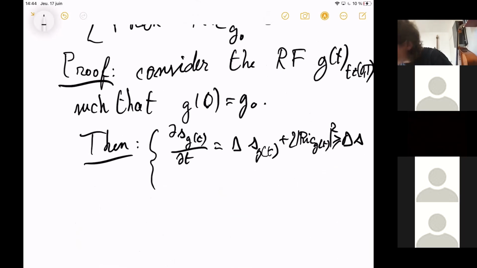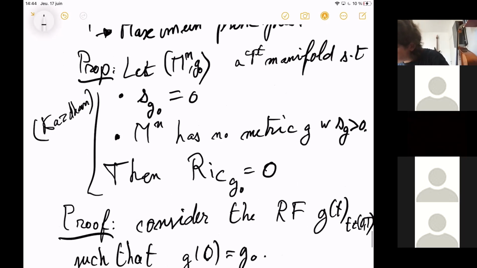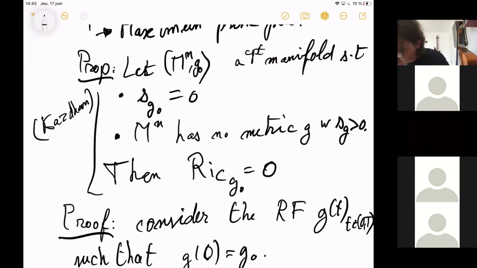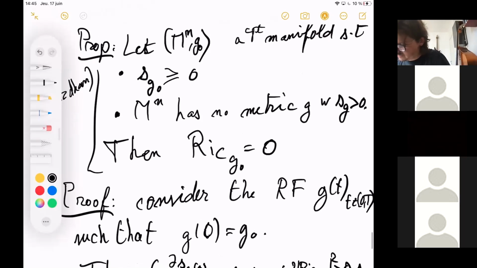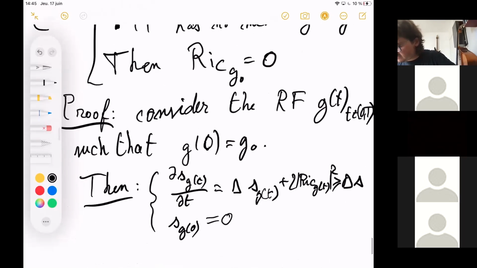In particular, it's bigger than just the Laplacian of S, and S of g_0 is non-negative. The result is more striking like that. So start with a metric with non-negative scalar curvature on a manifold which has no metric with positive scalar curvature. Then it is Ricci flat.